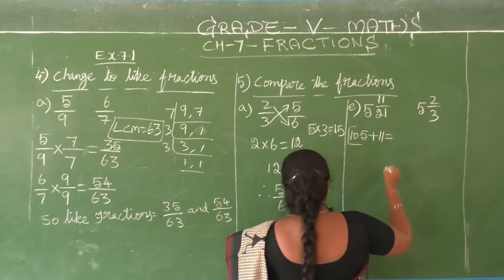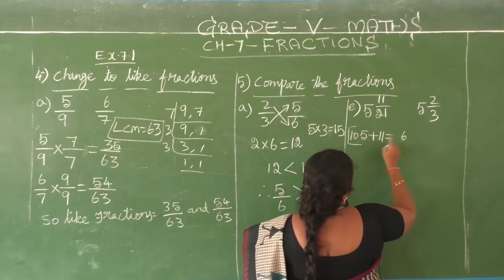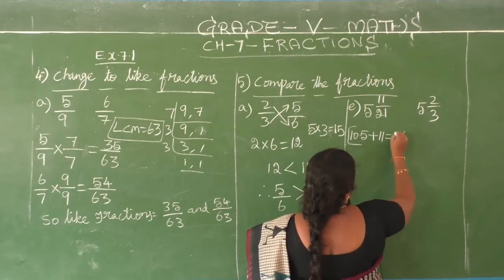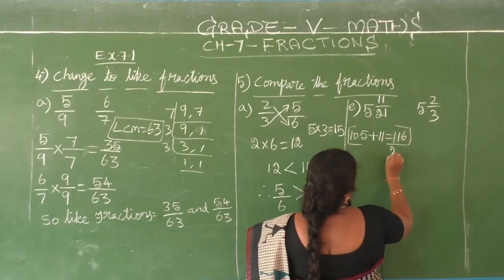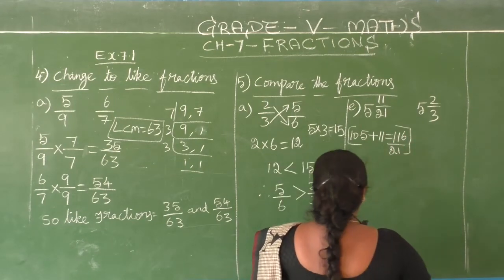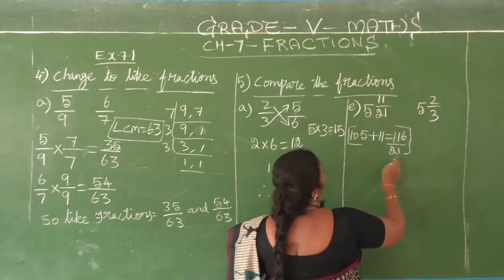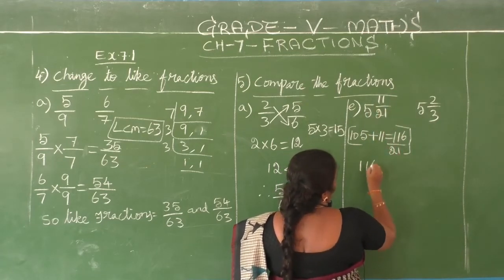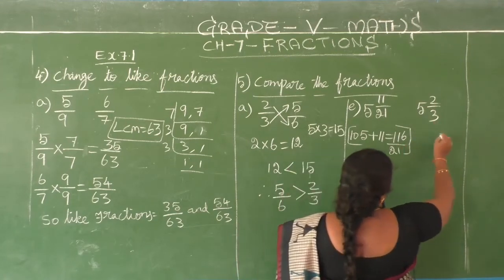The numerator is 11, so 5 plus 1 is 6, 0 plus 1 is 1. So 116, and you have to write the denominator again: 116 by 21. For this mixed fraction, we take the improper fraction 116 by 21, and come to the next fraction.